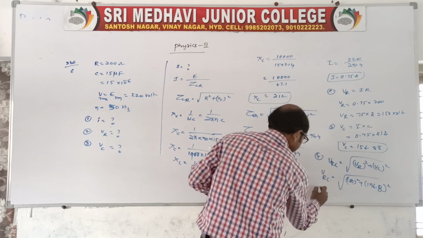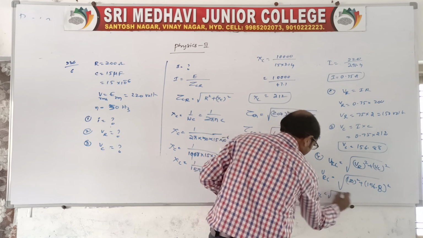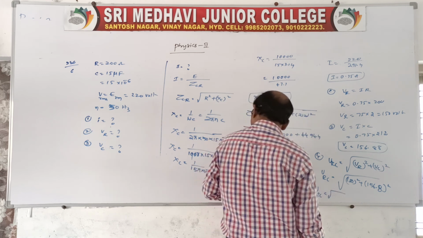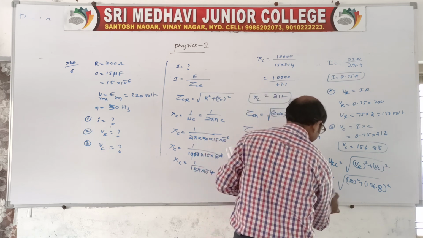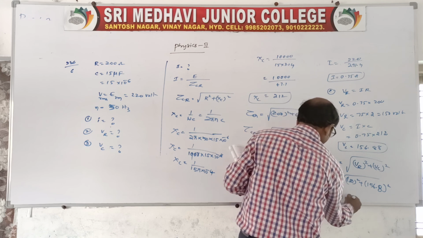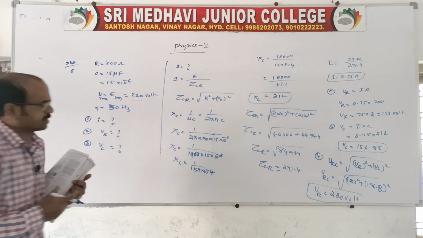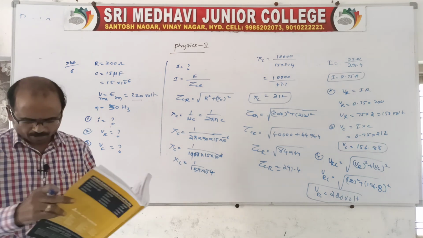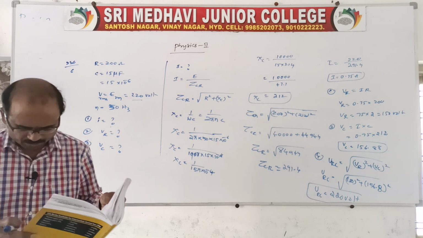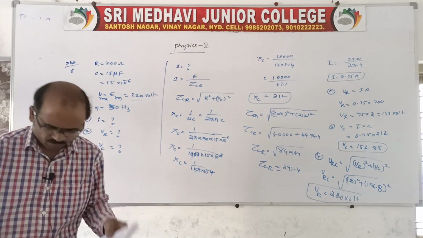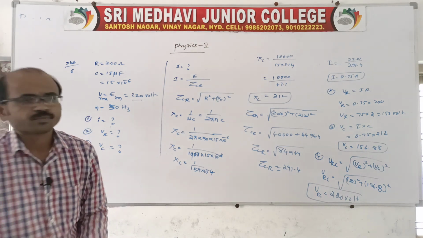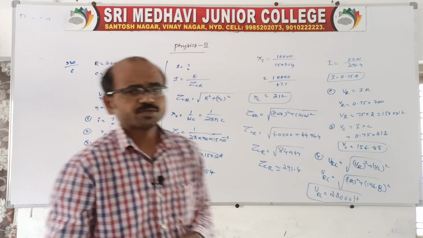If I take this simplification, on average we may get directly 220. Of course, what we are applying is only 220. In the sum, the applied voltage is given as only 220, right? So we are also getting 220. So this is the question related to the CR circuit.